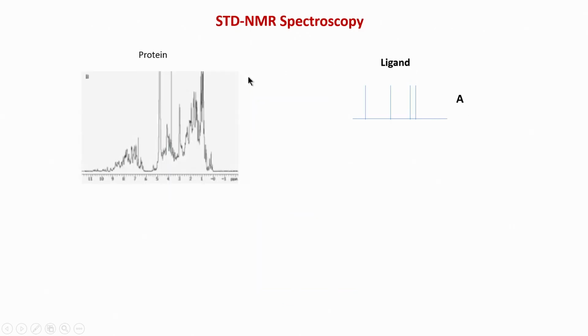So, this is an example now. You can see this is a spectrum of a protein. The protein spectrum is really complex. It goes from minus some ppm, here in this case 0 to 10 ppm. So, what we do is we select some peak in this zone, a methyl peak. Why do we choose that peak? Because that peak is isolated, number one, because the ligand may come here or somewhere else.